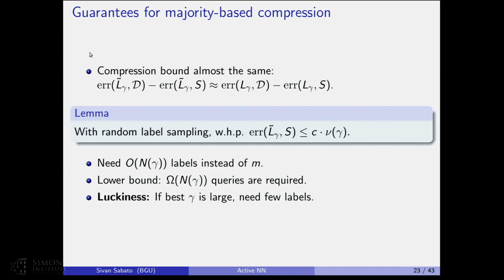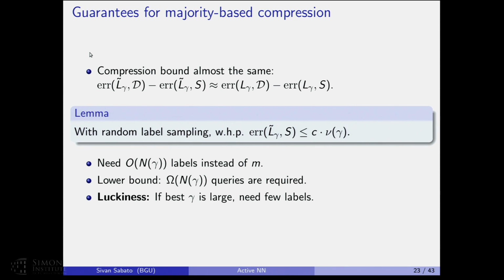And basically what happens here is once you know gamma, the number of labels that you need is going to be proportional to the size of the gamma net. Now this may look like a lot, and it could be a lot, but it's also the only thing that you can do, because basically there are lower bounds. You can show that in general you do need this number of labels to be able to get an error which is competitive with the error of the original scale.